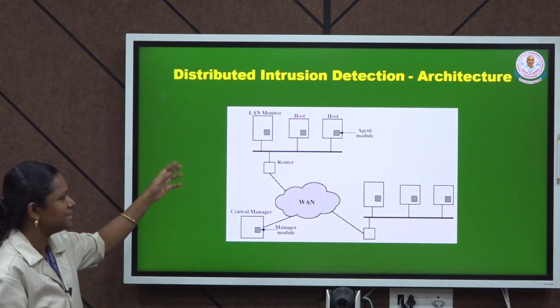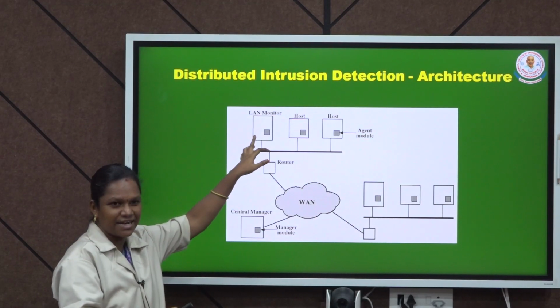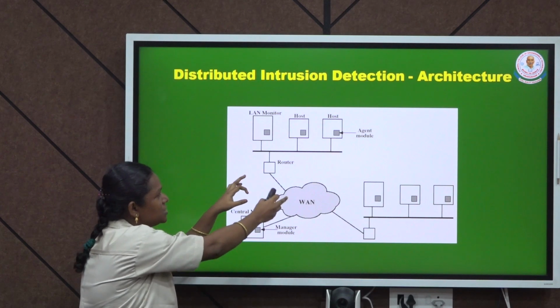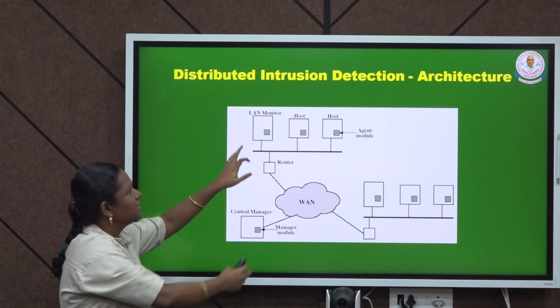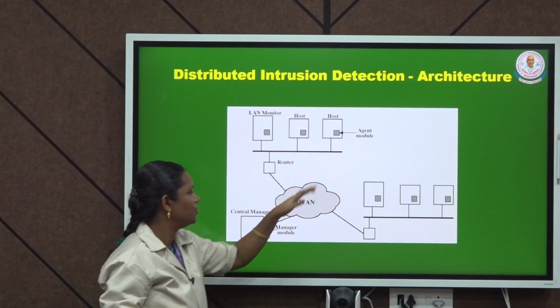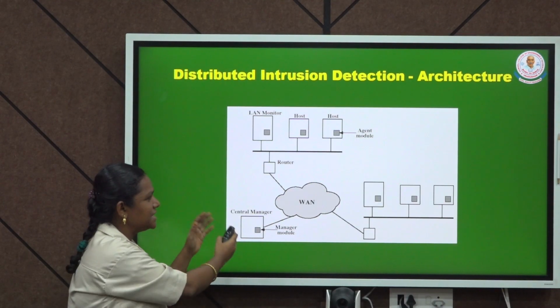Next one, the DID system. How can it be connected? A LAN connection is connected to the WAN through a router that connects the LAN and WAN. The LAN can be analyzed by the LAN monitor, host and agent module. The WAN is analyzed by the manager module.